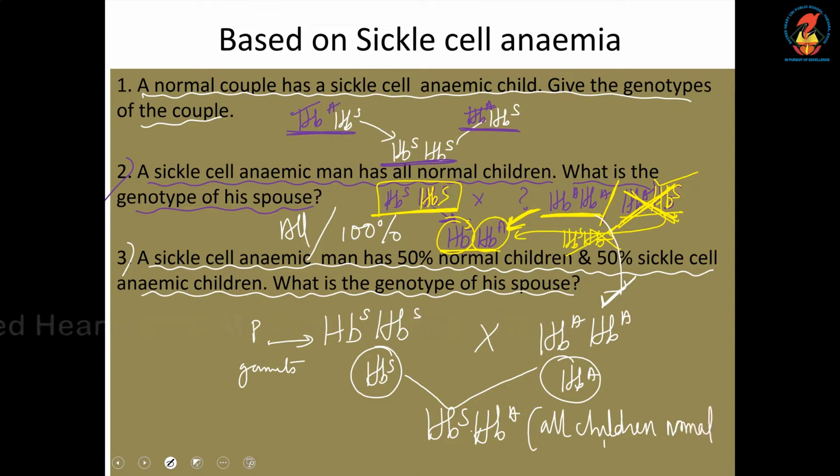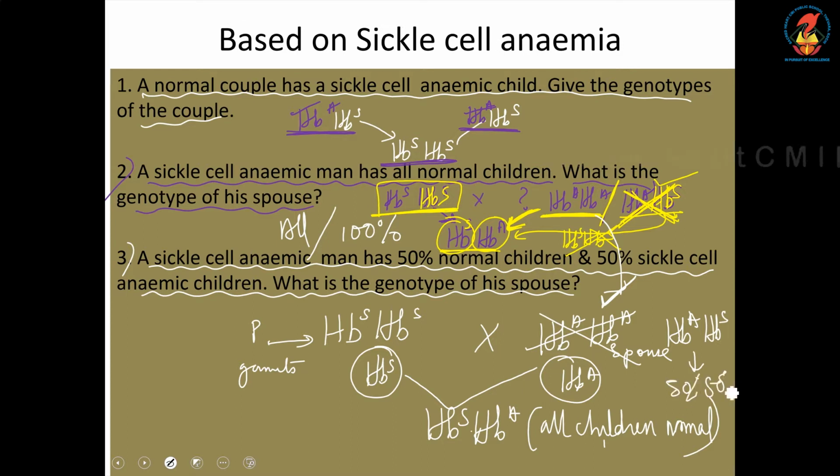So I gave a try of the other option, HbA HbA, where the spouse is homozygous normal, it will not work, we will get all normal children. We need 50% normal and 50% abnormal. So I ruled it out and I took the other option HbA HbS, and when I do the cross with HbA HbS, we get 50-50.